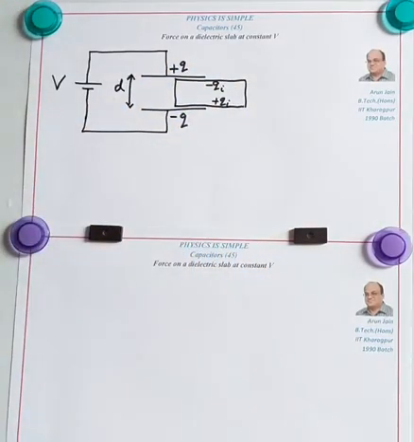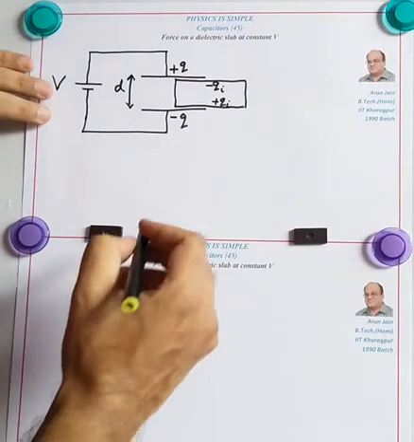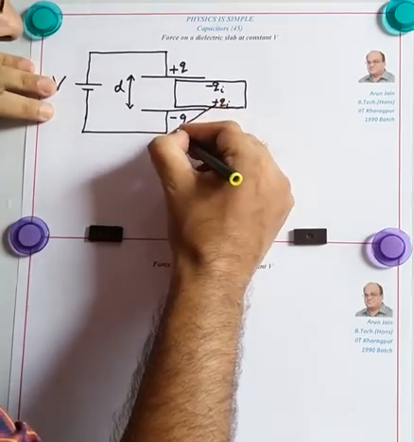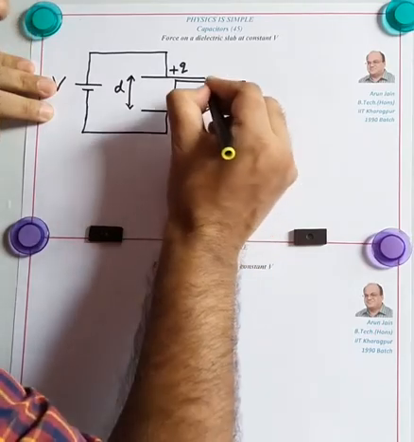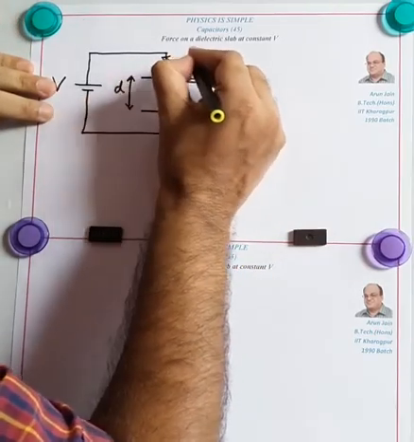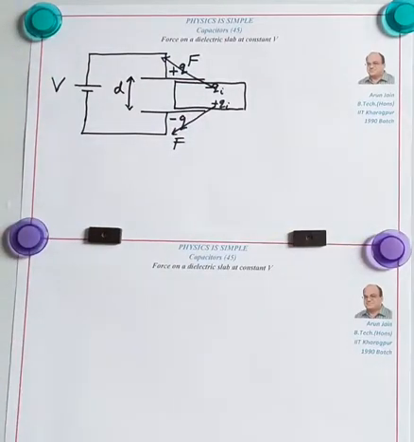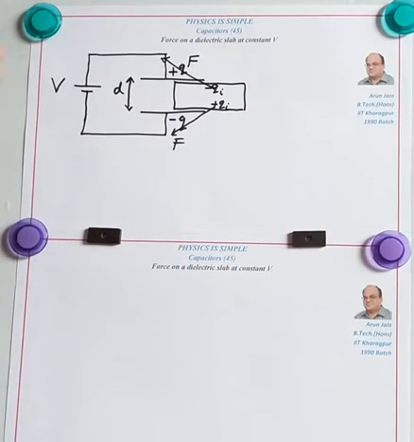Okay, this is because of induction. Now because of these charges, they will experience a force this way, these charges will experience a force this way, and therefore the dielectric will experience a force inwards. We want to calculate that force.